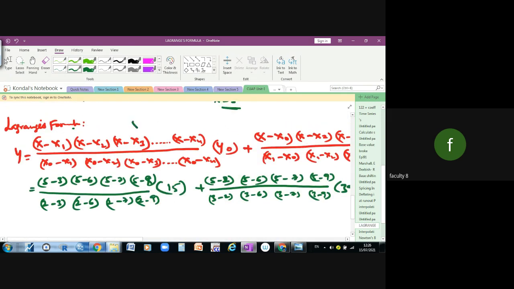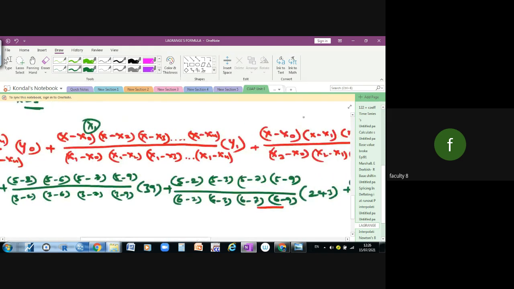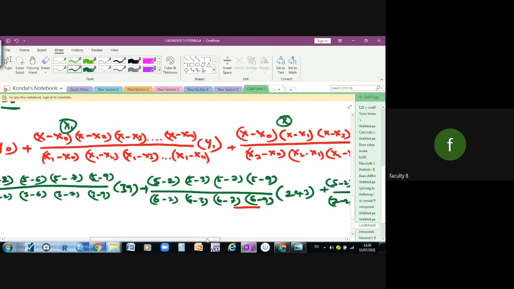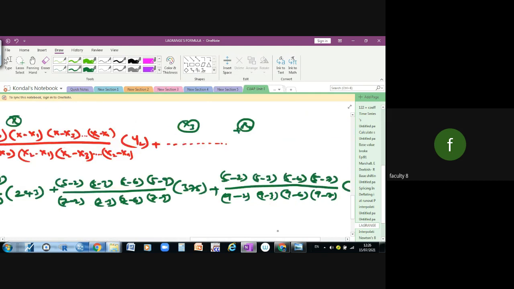So here we didn't take x0 in the value above. Here we didn't take the x1 value. And here we didn't take the x2 value. Then in the next one we didn't take the x3 value. In the next one we didn't take the x4 value. See here, in the fourth one, did we take the x4 value? 9. We didn't take it. Here x minus x3, we didn't take it.